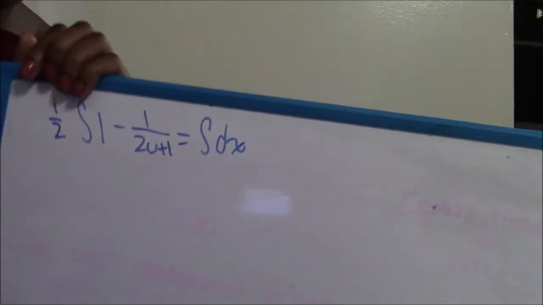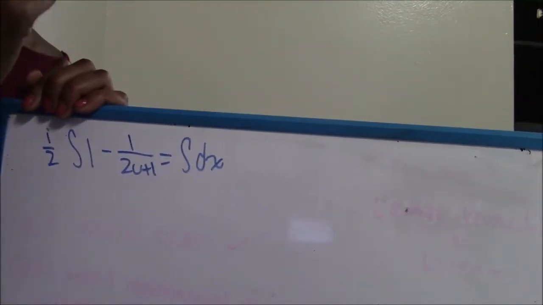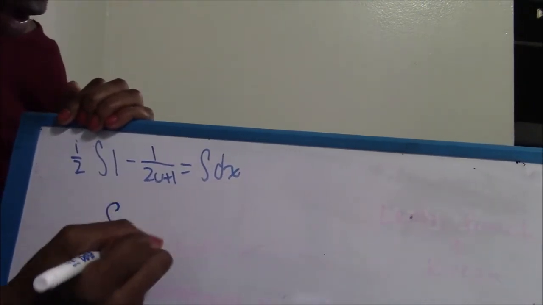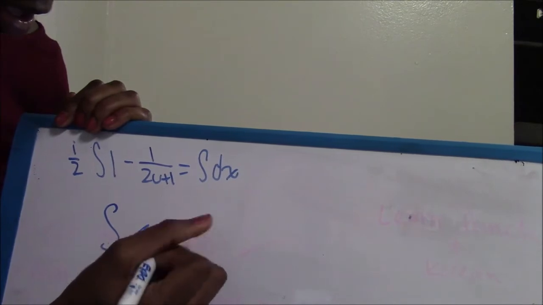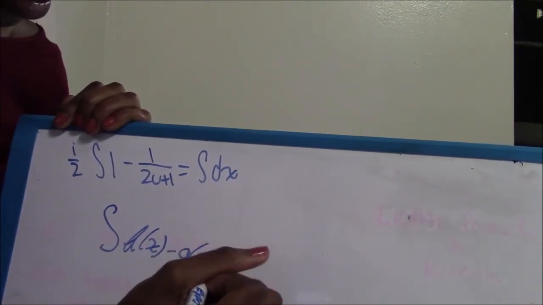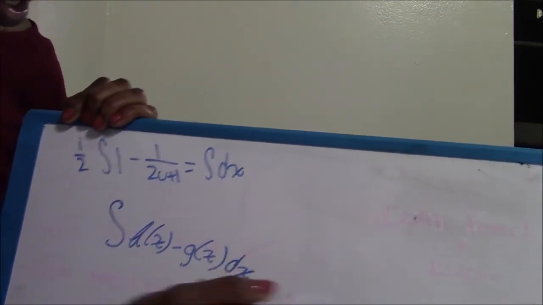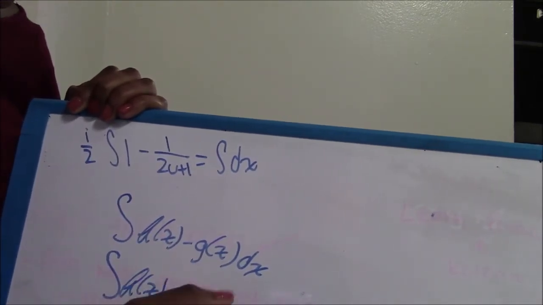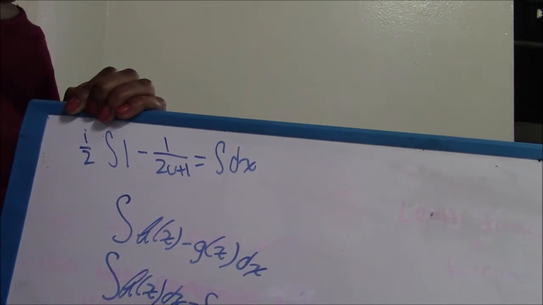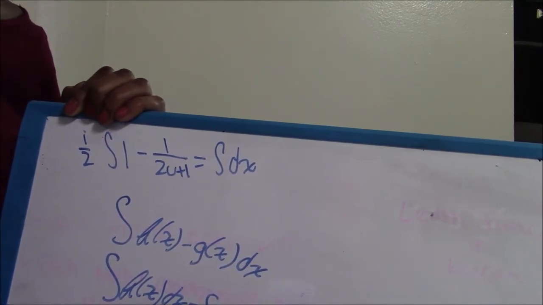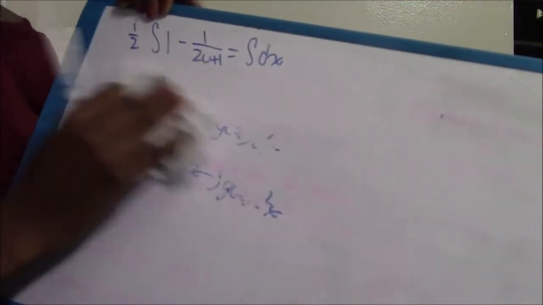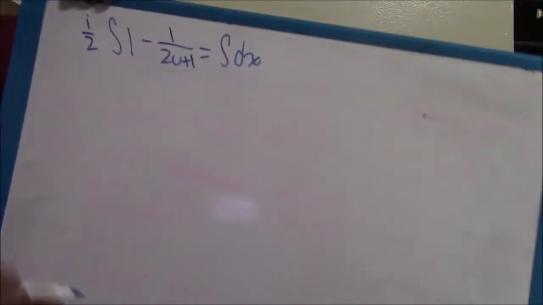Okay, now that I have this, I can separate, because the integral of f of x minus g of x, which is basically just saying one function minus another, is going to be the integral of f of x dx minus the integral of g of x dx. Basically saying we can separate them. So in order to make this simple, we're going to separate them.